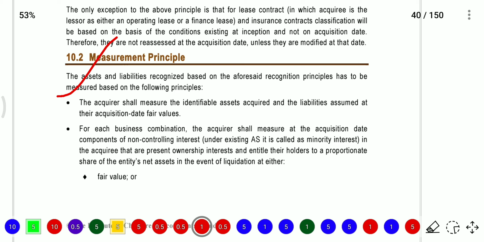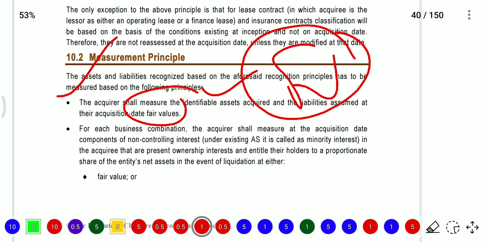The acquirer shall measure the identifiable assets acquired and liabilities assumed at fair value on the acquisition date. So whatever the amounts, he will take as per fair value. And for the business combination, the acquirer shall also measure the components of NCI at the acquisition date.